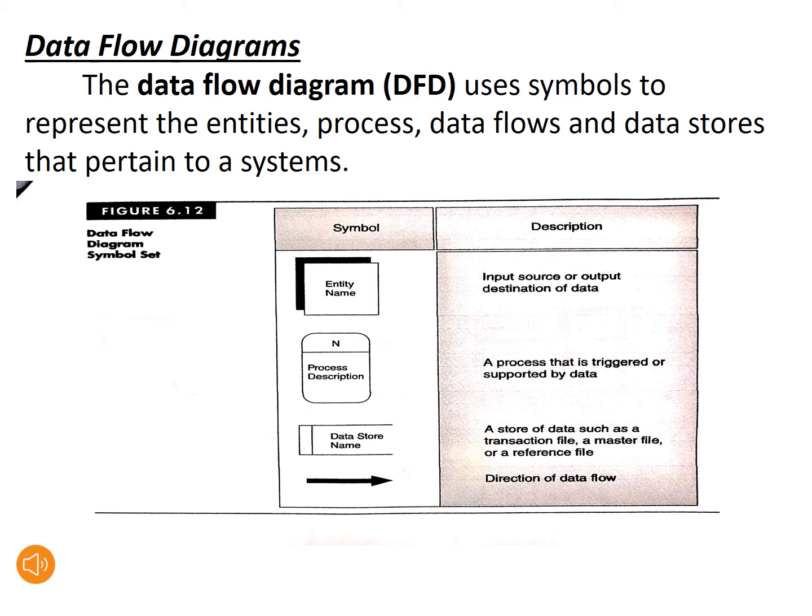Second is yung process description or process order, a process that is triggered or supported by data. Third is data store, a store of data such as a transaction file, a master file, or reference file. Sa pagkakaintindi ko dito, parang nire-represent as inventory. Tas yung huli naman is data flow, yung arrow, ito yung direction ng data flow.